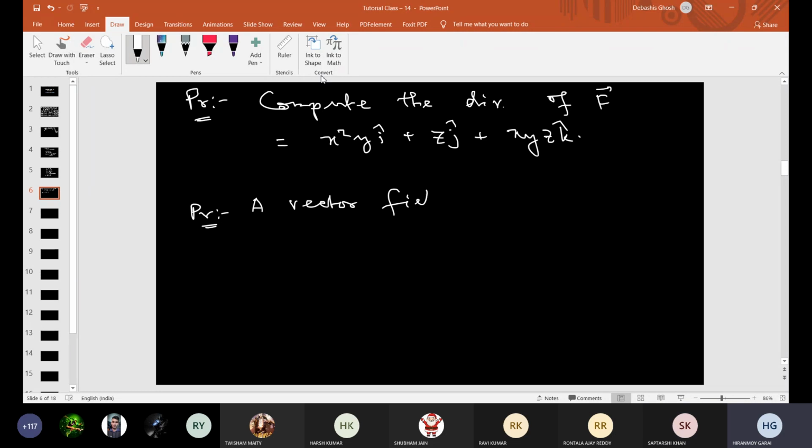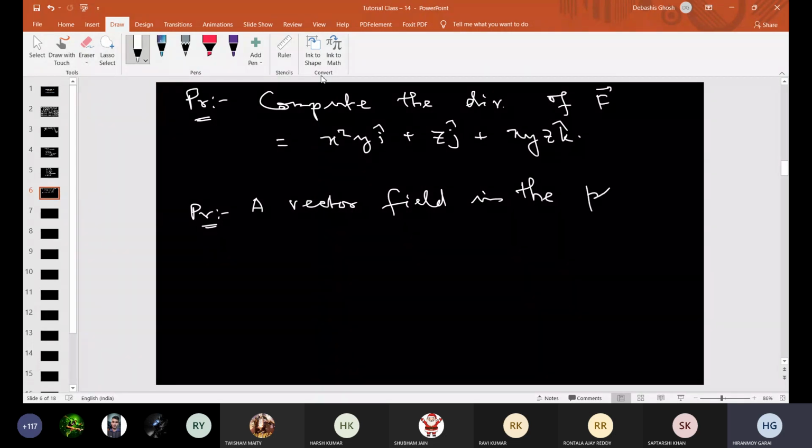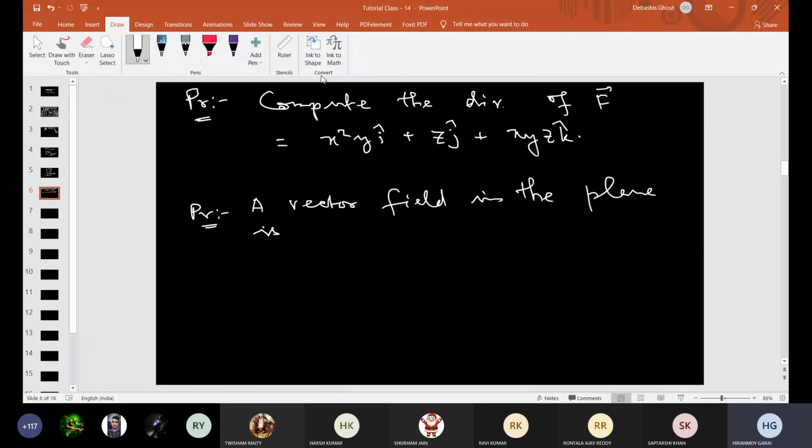Vector field in the plane is supposed to be v equals xi. And then you can say by seeing the sign of the divergence what kind of fluid it is, whether it is expanding or not expanding.